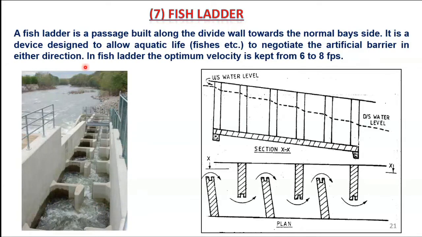It means they want to move from downstream to upstream. And this is true for all energetic aquatic life. They want to move against the direction of current of water.